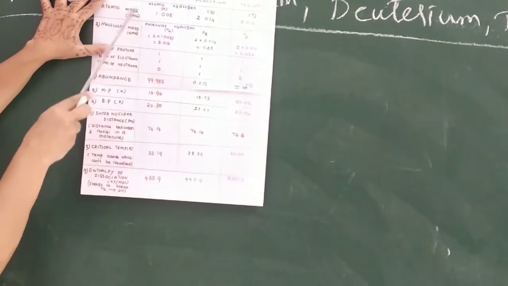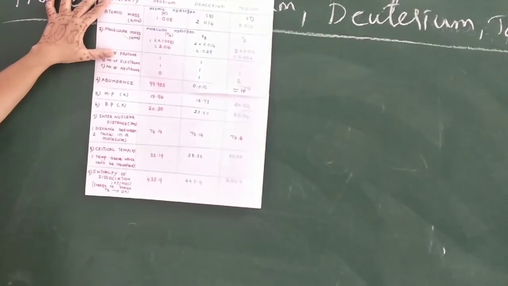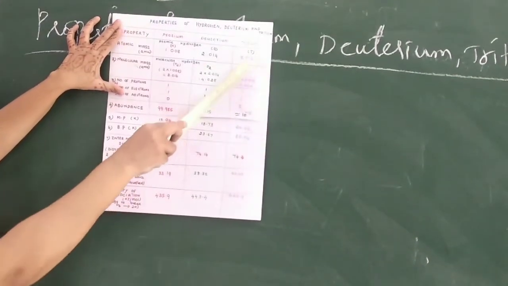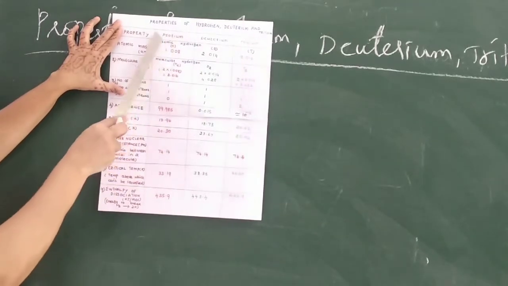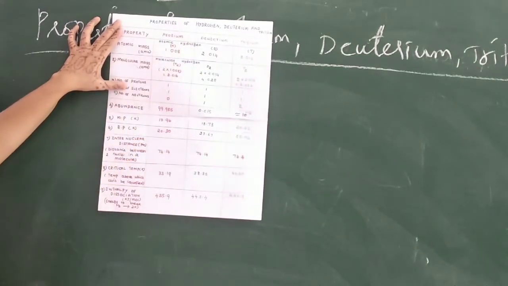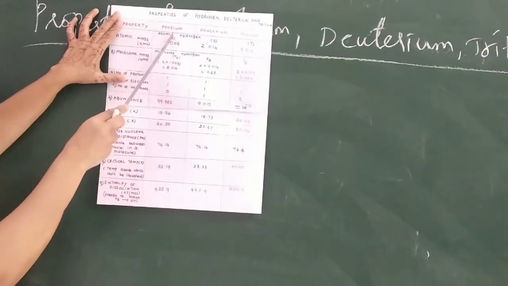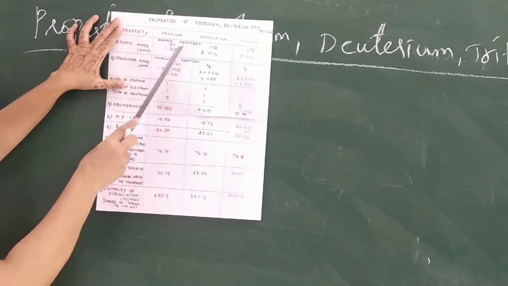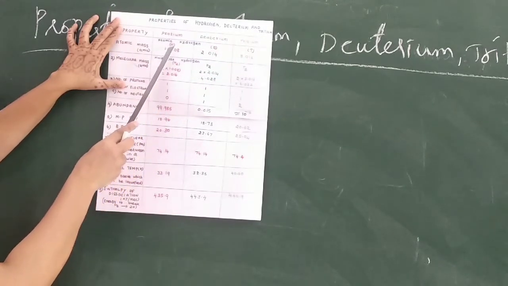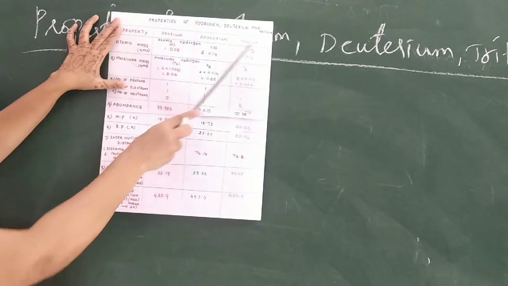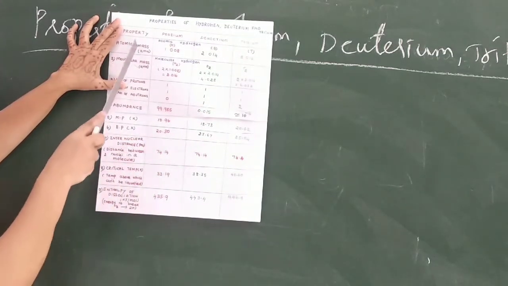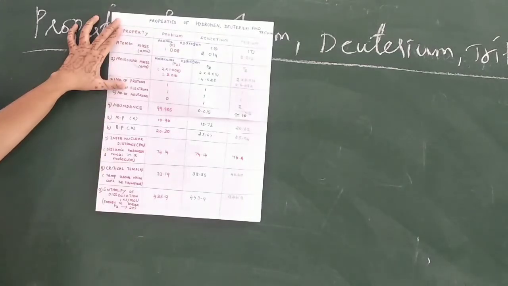Atomic mass unit, AMU, you studied in the first lesson. Atomic hydrogen means a single atom. Protium is H, deuterium is D, tritium is T. Atomic mass is given in the periodic table.